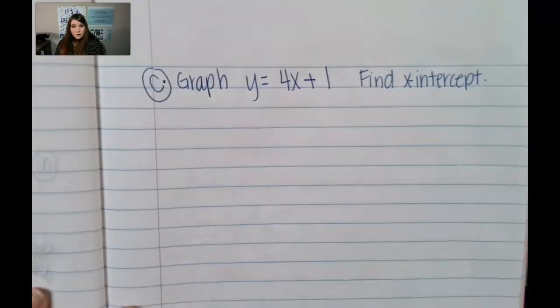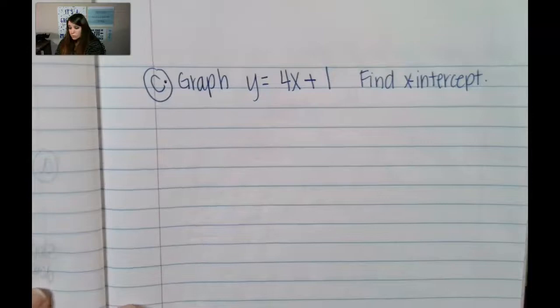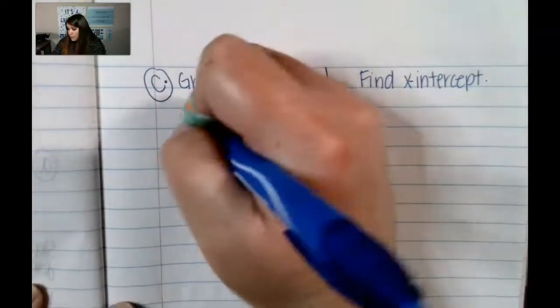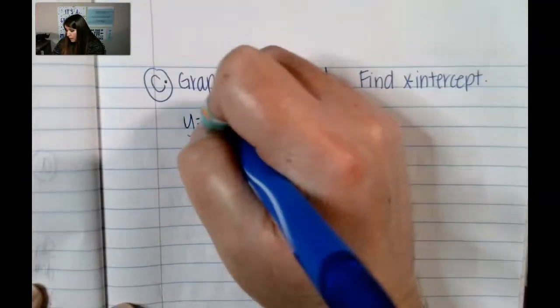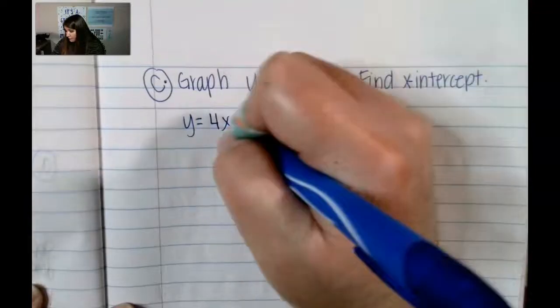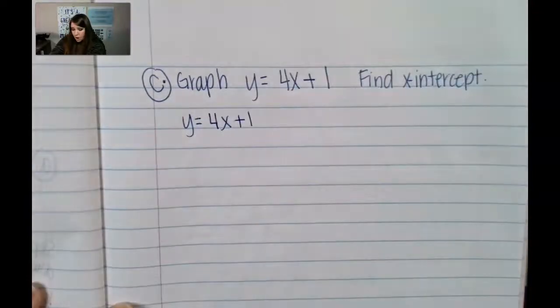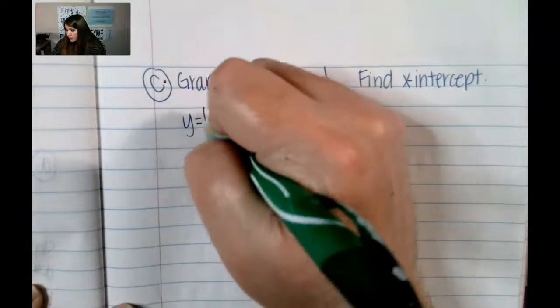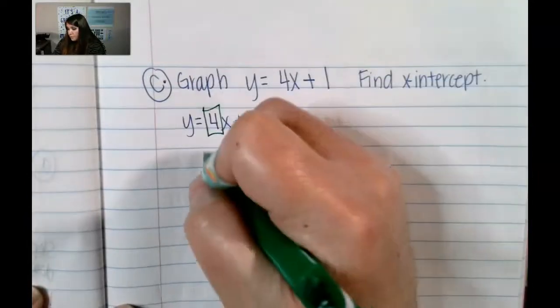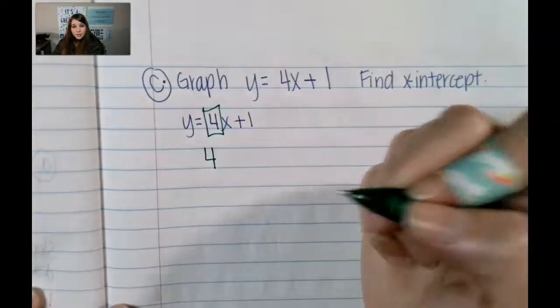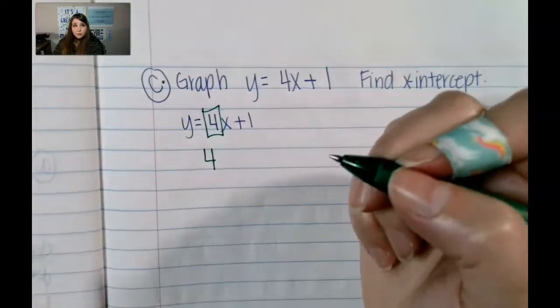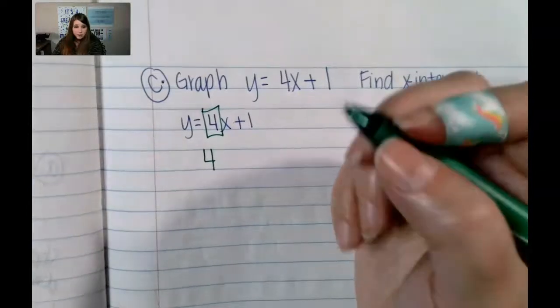All right, so our first job is to identify the slope and the ordered pair that we're going to start at. So our slope is 4, okay, but we remember that we need a fraction, and to turn a whole number into a fraction, just slap a 1 underneath it.